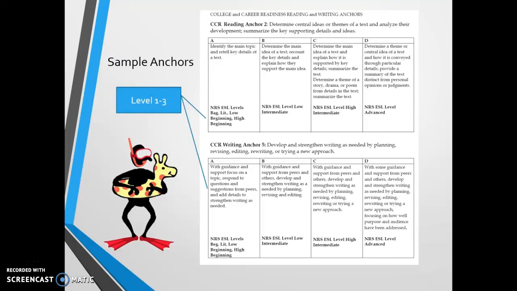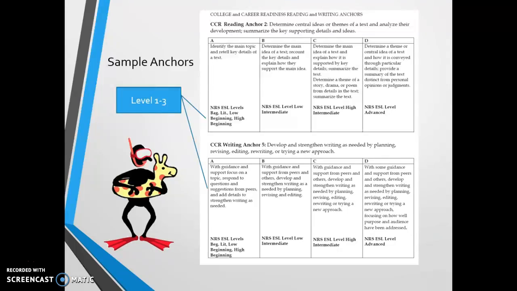Writing anchor 5 is to develop and strengthen writing as needed by planning, revising, editing, rewriting, or trying a new approach. Again, the 3 basic beginning levels have a basic task with guidance and support, where they can focus on a topic, respond to questions and suggestions from peers, and add details to strengthen writing as needed.